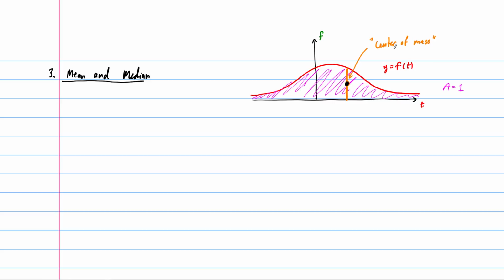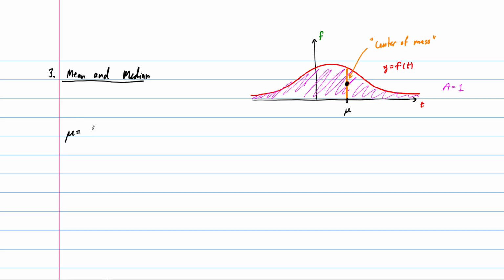Another name for this is the centroid. But the x value where the center of mass occurs is called the mean of the distribution of the PDF, the probability density function. And this mean is like the average of the probability density function.